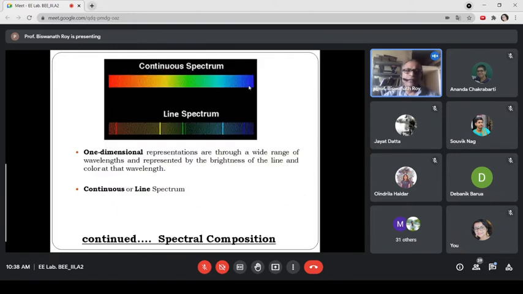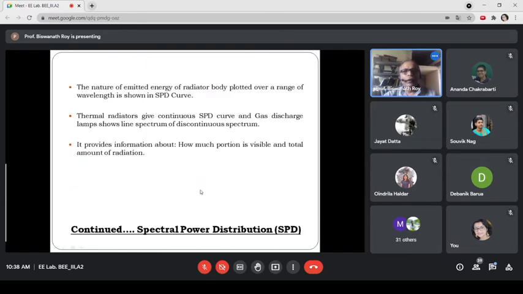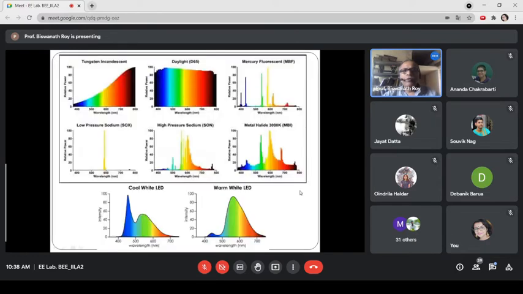On the other hand, this is the line spectrum. Okay. So these are the photographs of spectral power distribution of different lamps.